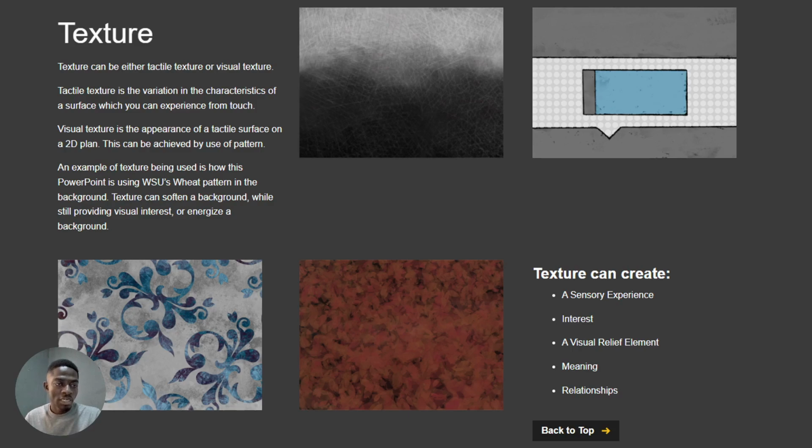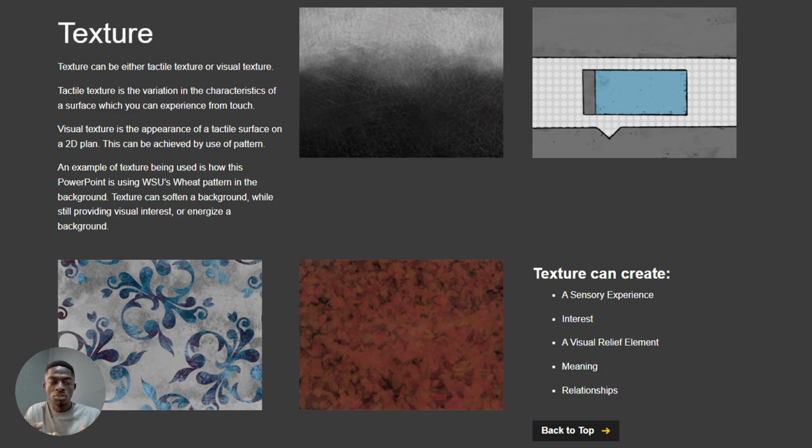So an example of texture being used is how PowerPoint is using a pattern in the background. Okay, and texture can soften a background while still providing the visual interest. So when you add textures to your background, you can decide to increase once again the opacity of the texture, and the texture would appear more.